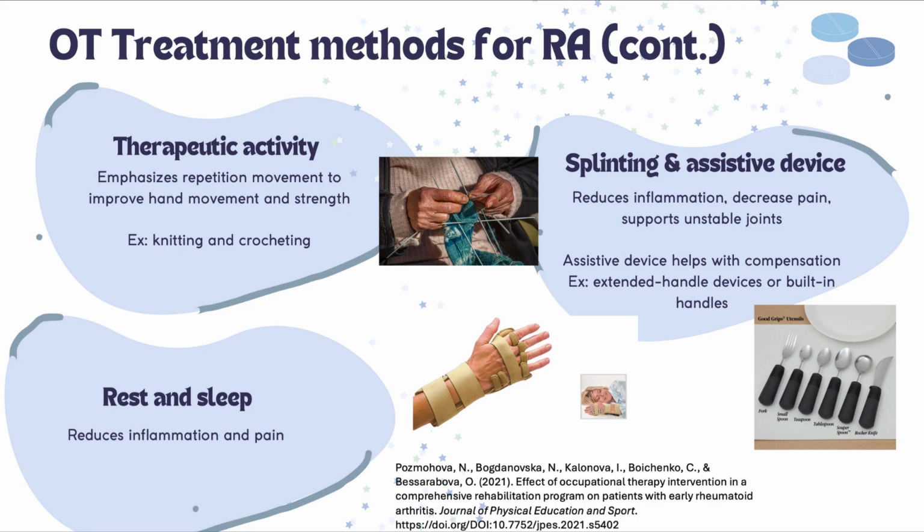The comprehensive rehab program assisted in improving functional conditioning, working ability, and tolerance in household stress, resulting in a positive effect on professional and social adaptation of a patient with early rheumatoid arthritis.